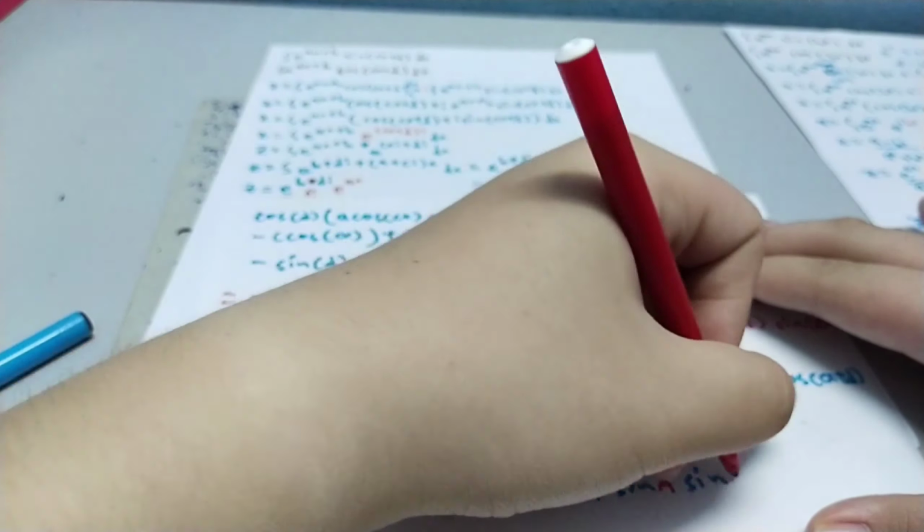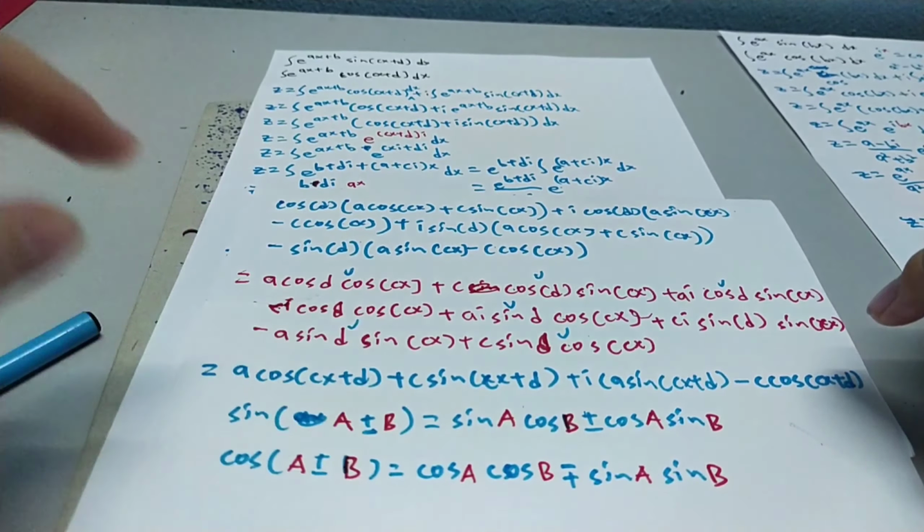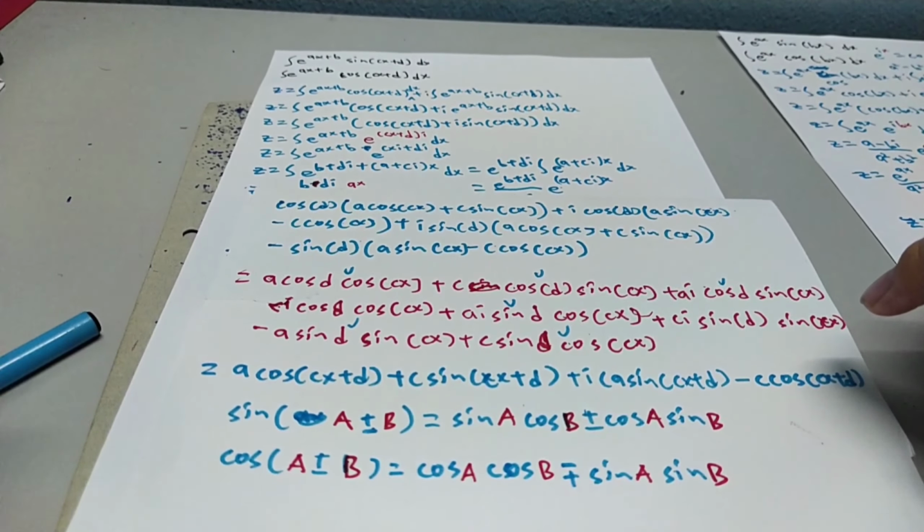Now, if you don't understand what I am doing right here, you can just do it by yourself. Basically, a times cosine of d times cosine of cx minus a times sine of d times sine of cx, we can group together to become a times cosine of cx plus d after we factorize the a out.